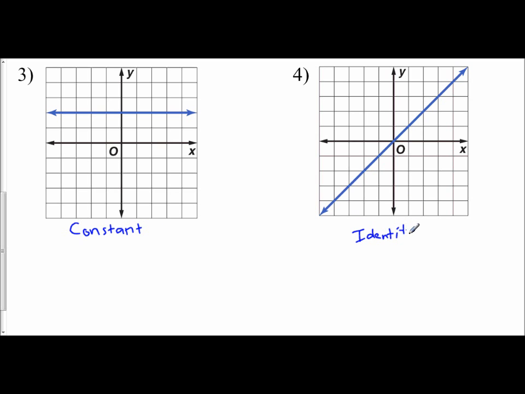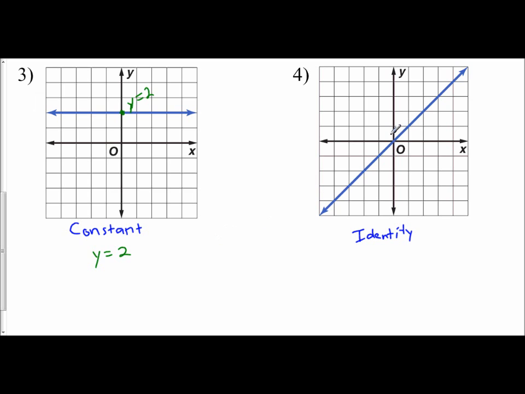To create these equations, we're not going to focus too much on the translations that occur. We're going to focus primarily on just looking at the graph. This is a horizontal line that goes through a y value of 2. So that means my y is always going to be equal to 2. So y equals 2 is the equation.